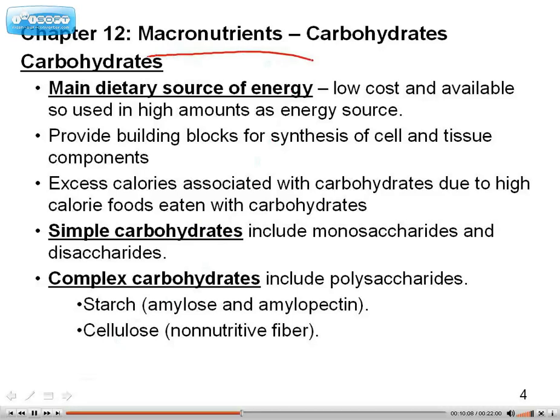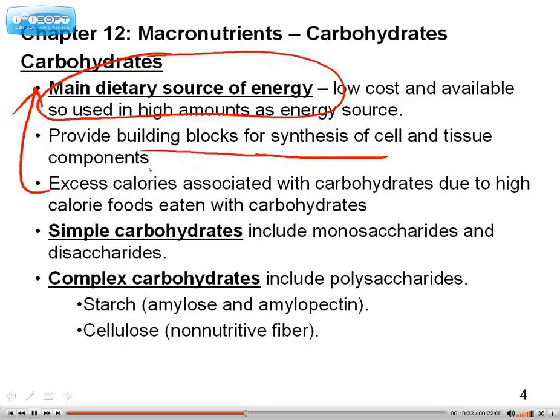Carbohydrates are the main dietary source. Our bodies are geared toward maximum results when we have plenty of carbs in our body. They're also good building blocks for synthesis of cell and tissue components. Carbohydrates make really good chemical antennas for interactions of biomolecules within your body.